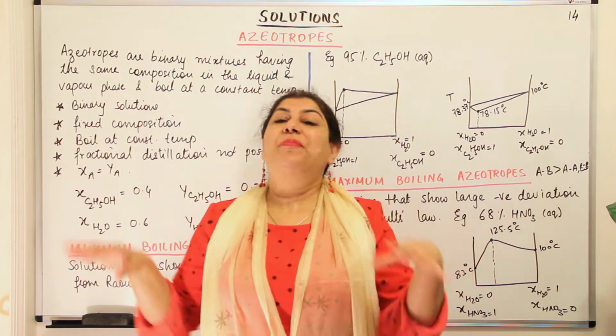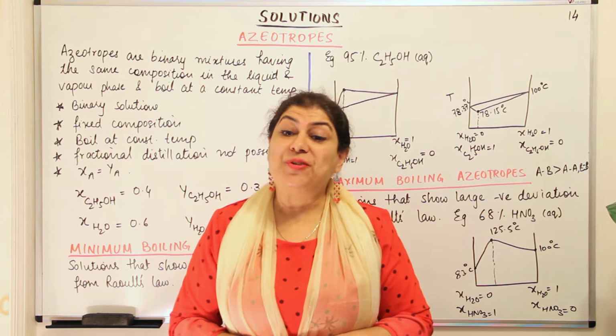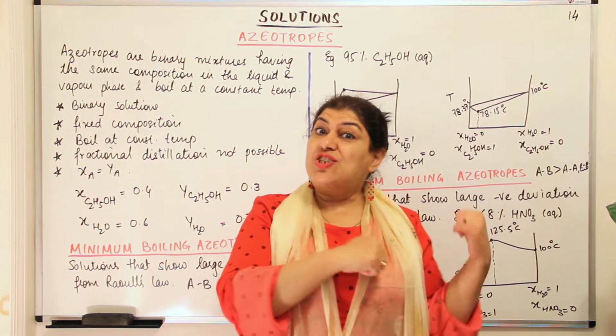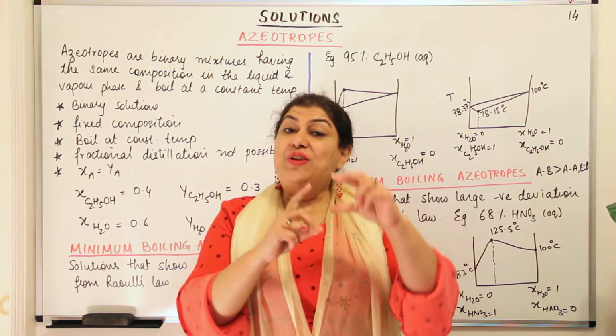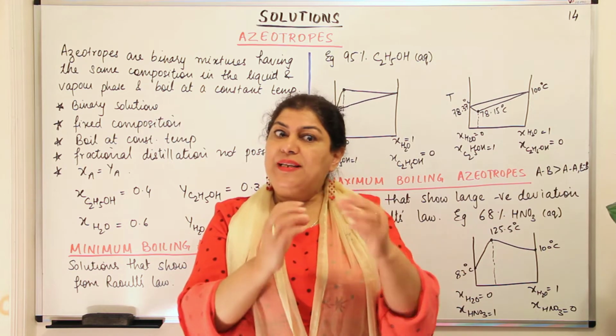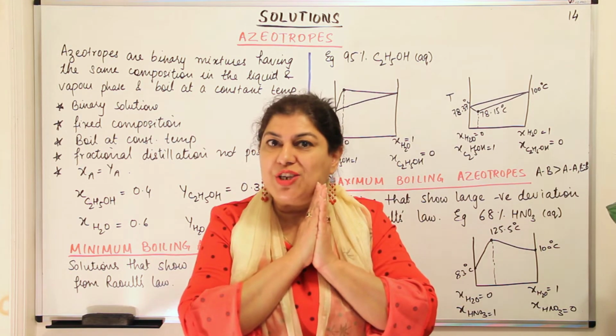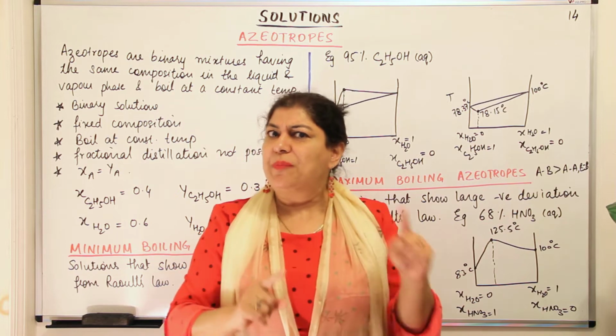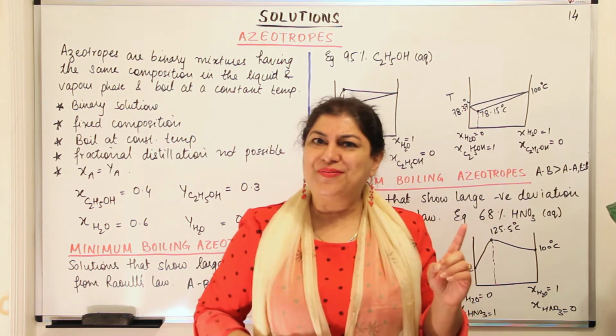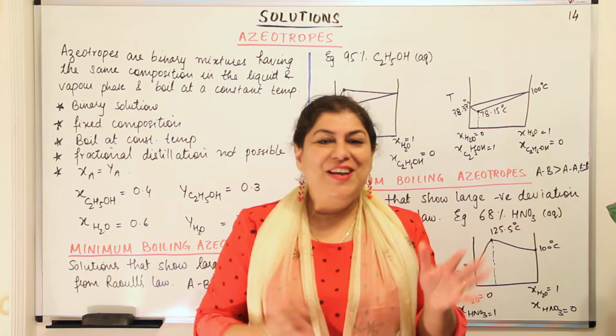Every fraction separates out with distillation. Now in the case of a mixture of components that boil at the same temperature, do you think it would be possible to separate those components by fractional distillation? No.